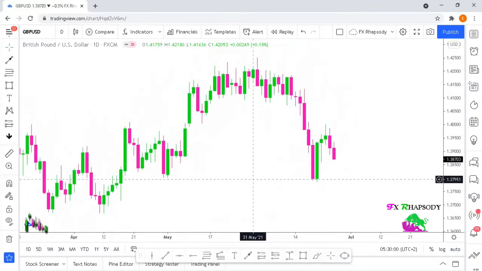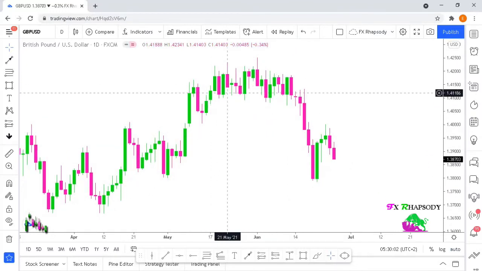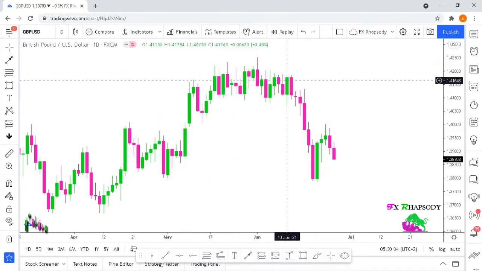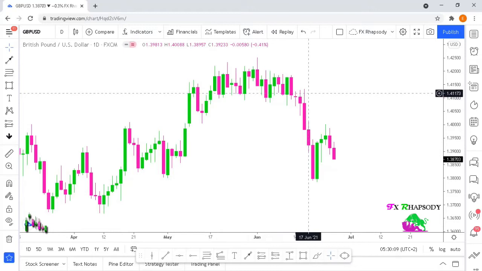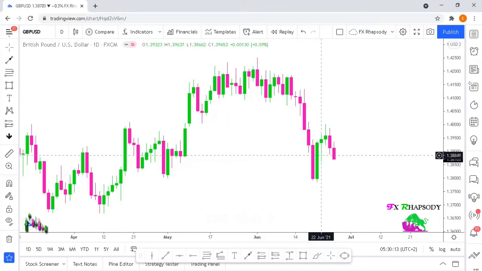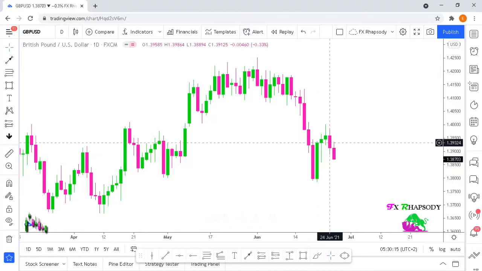Basically what the daily is showing is this whole consolidation at the top here. The market was ranging at the top, and you can see that the market pushed its way down and then came up to retest an area there.